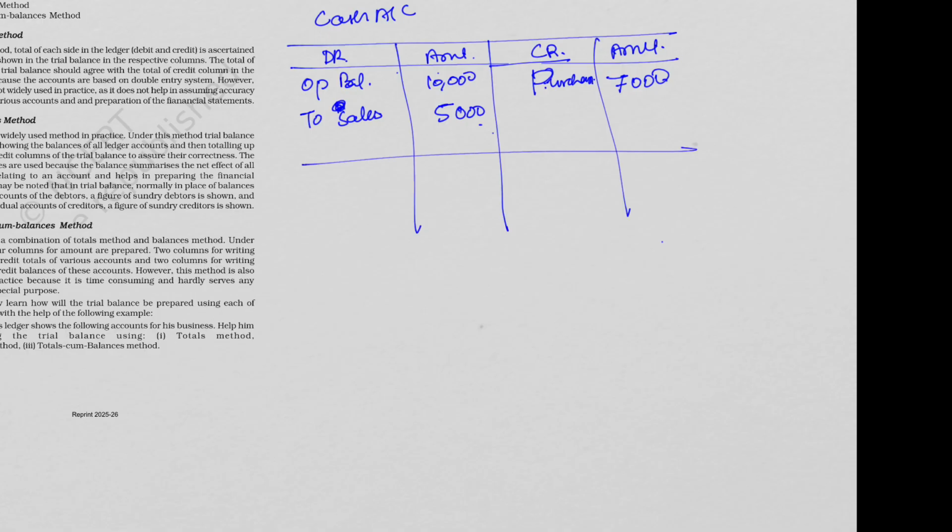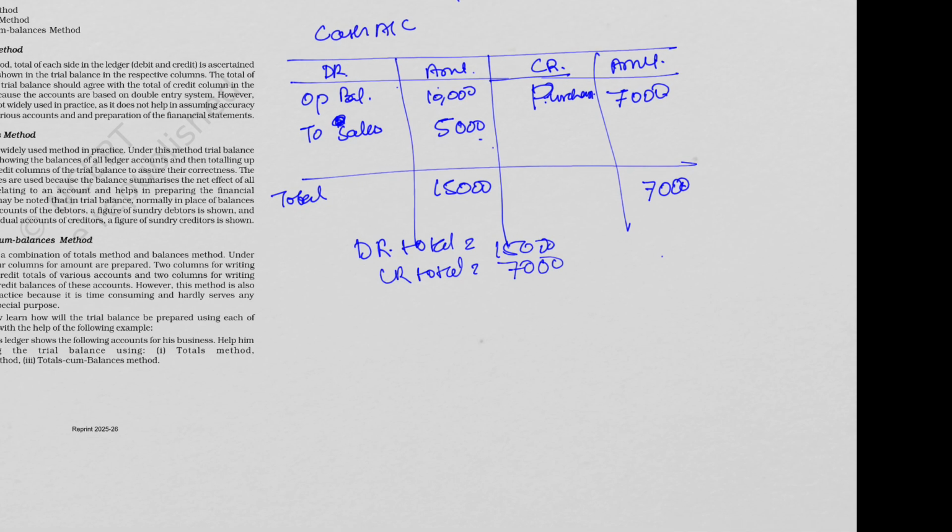So the total comes out to be 15,000 and 7,000. So here debit total was 15,000 and the credit total was 7,000.